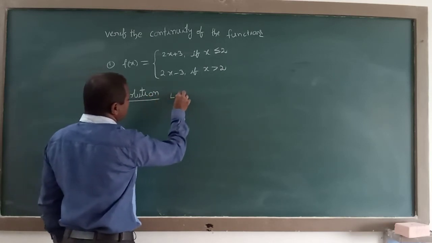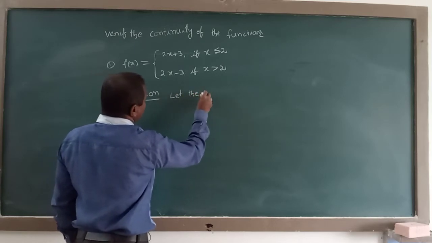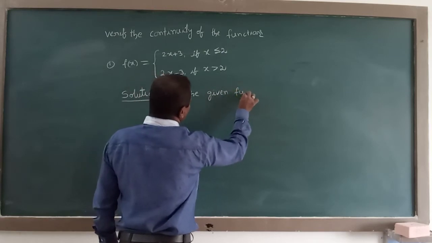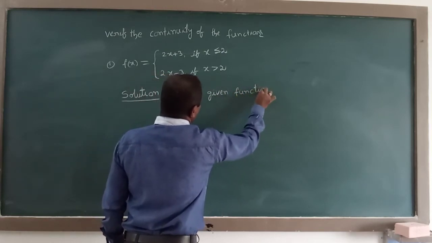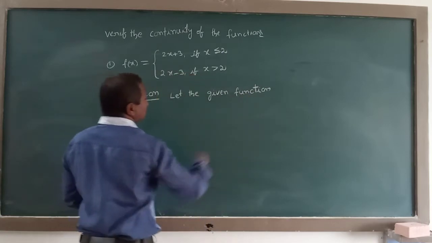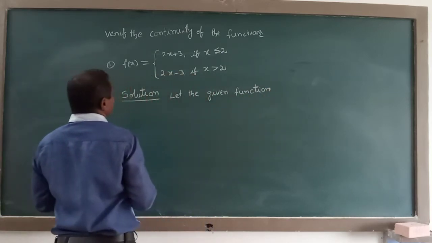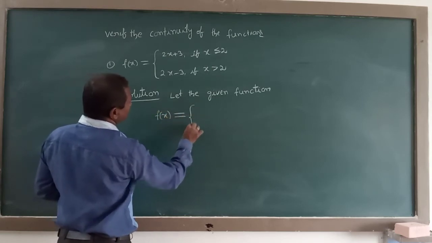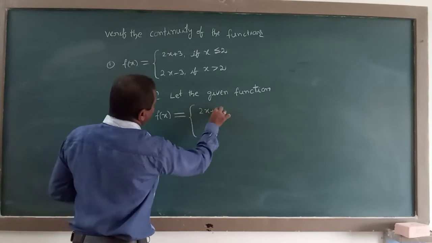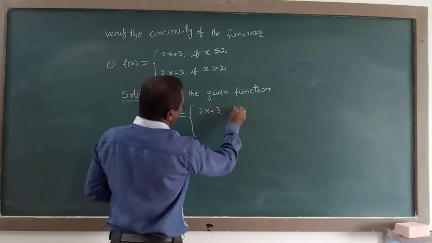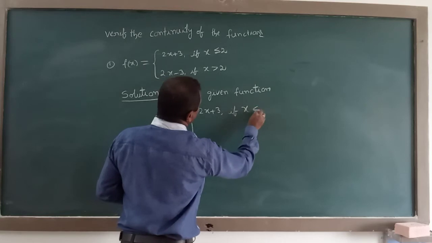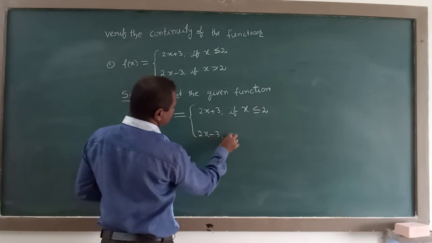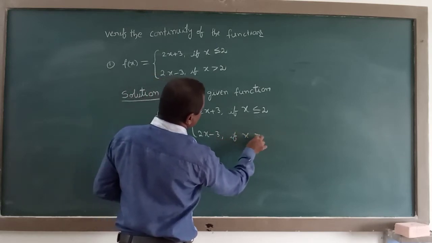The given function f of x is equal to 2x plus 3 if x is less than or equal to 2, and 2x minus 3 if x is greater than 2.